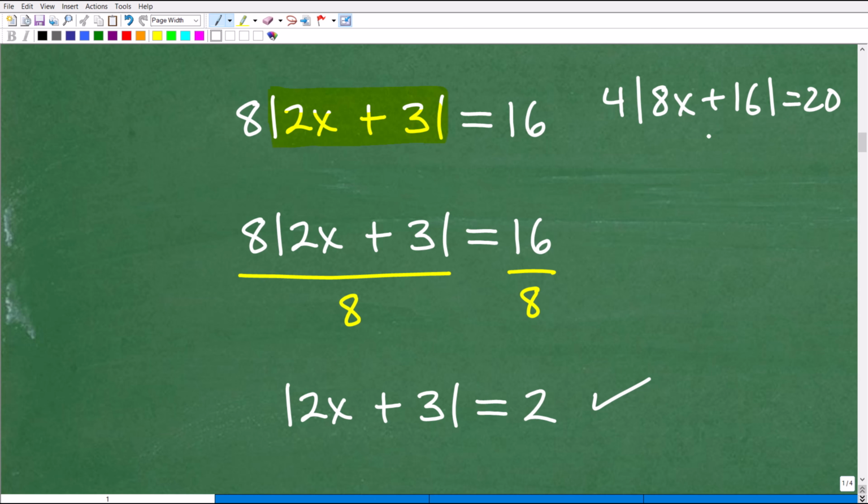Let's say we had an equation like this, and you're like, oh, I'm going to divide both sides of the equation by 4, right? Because we're isolating this part of the problem. That would be correct. But here is where a lot of students go wrong. They oftentimes think they can divide this 4 into what's inside the absolute value function, so they'll go, oh, that 8 gets divided by 4, that's 2x plus 8.